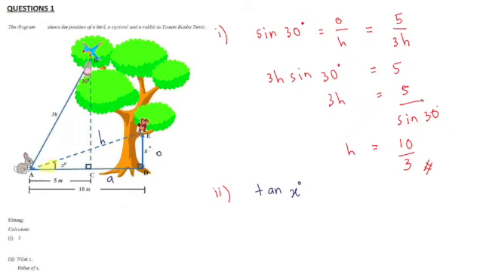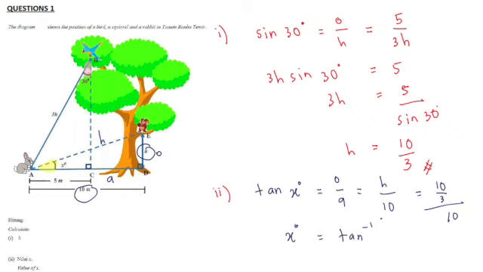So write down in equation tangent x. I use tangent because h is at opposite and I have a value at adjacent, so it's proper to use tangent. So tangent x equals opposite over adjacent. The opposite is h and adjacent is 10. So tangent x is equal to 1 over 3.